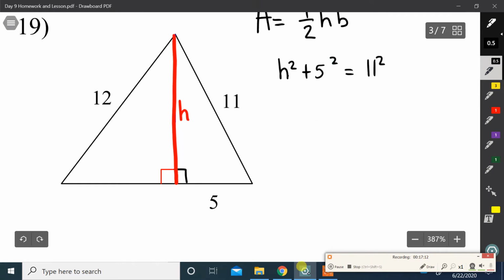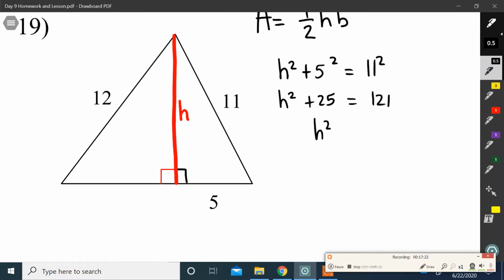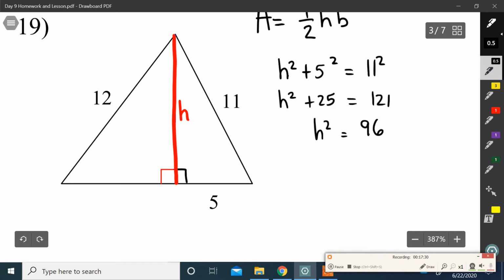This will be 25. This will be 121. Subtract 121 minus 25. That gives you 96. And I'm going to take the square root of 96.